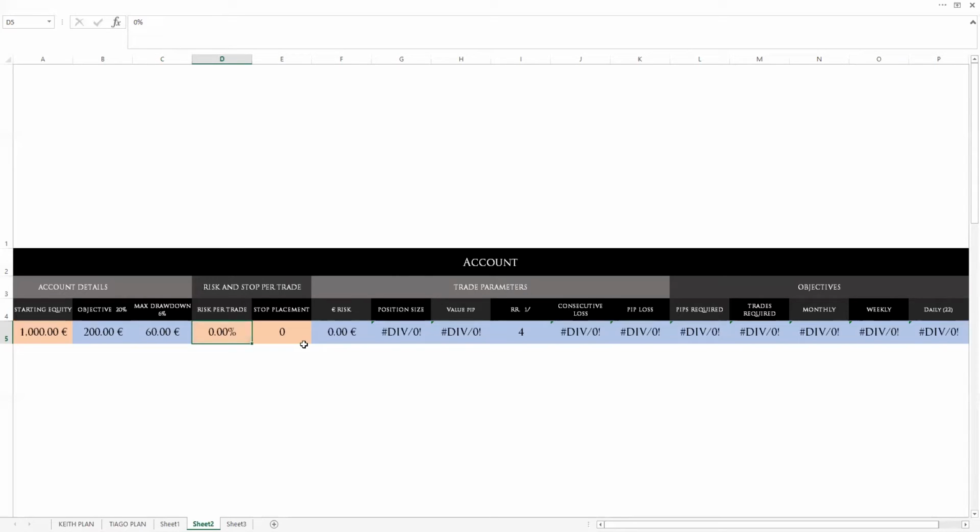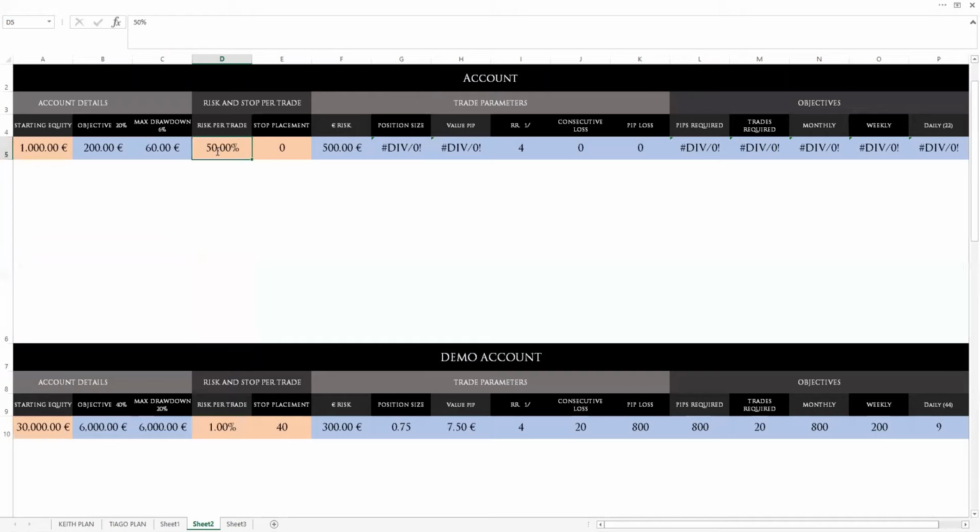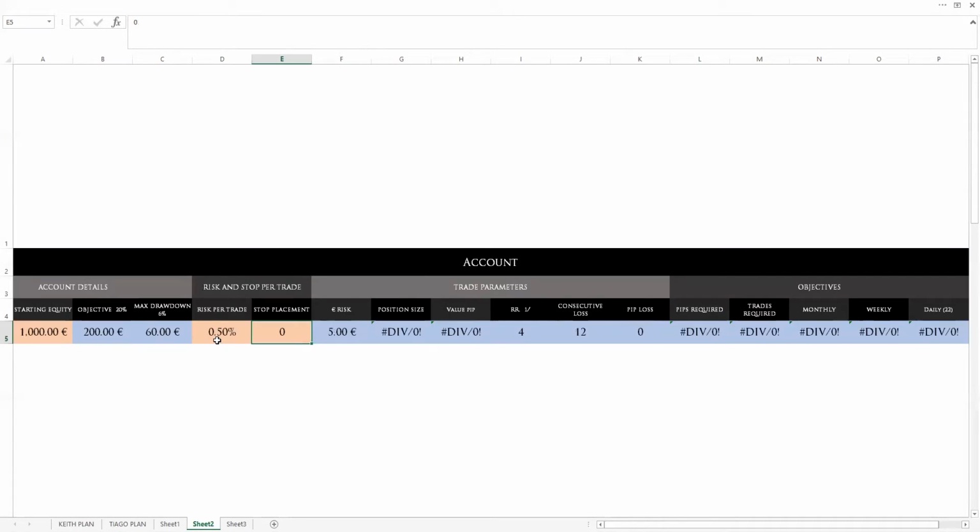And now I start defining the trade. So imagine I want to risk 0.5%, and my strategy usually gets me to place my stop, let's say 30 pips.